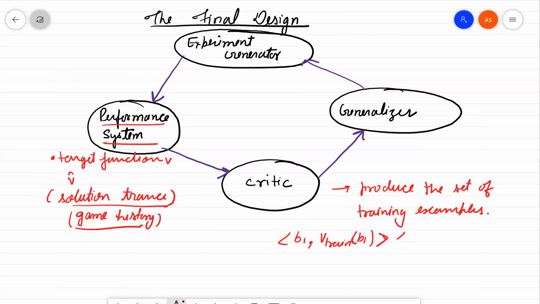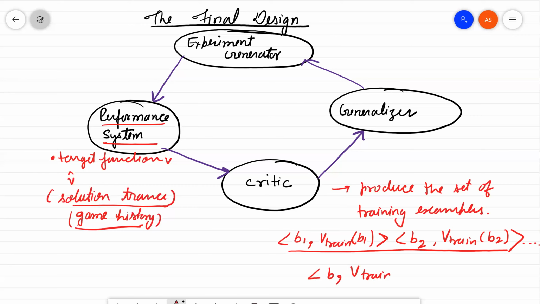In the same way, there can be so many training examples, B2, V train of B2, and so on. So this is based on the rule of the ordered pair. What was the formula for this ordered pair? It is B, the board state, and V train of B.